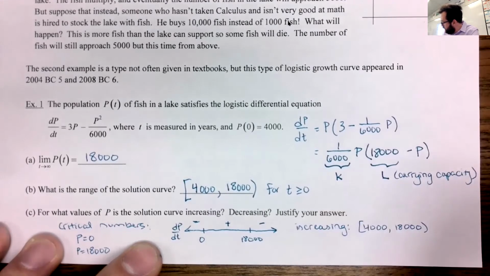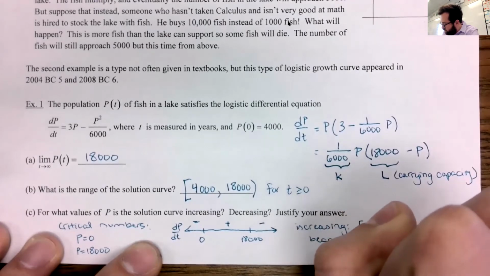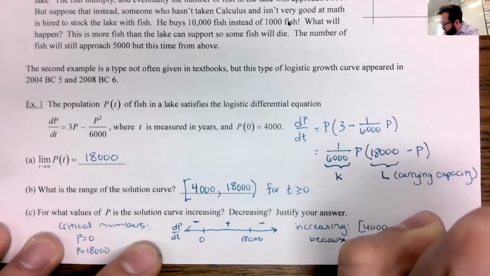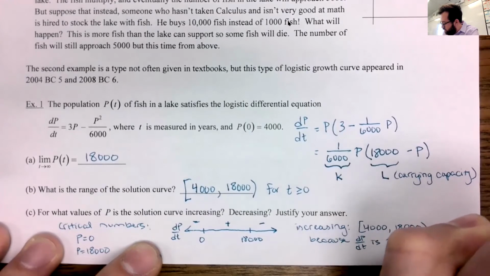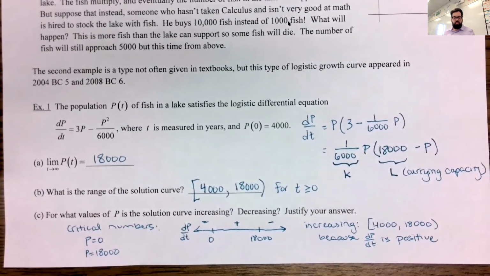And that's because dp dt is positive. Okay, everything else that's on this sign chart isn't even a part of our solution region, so we don't have to include it. And that is that.